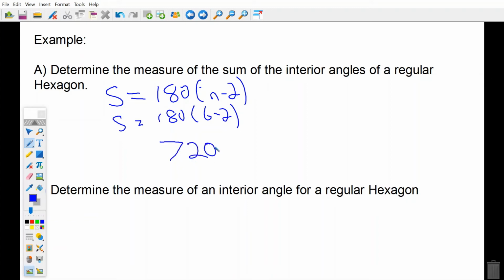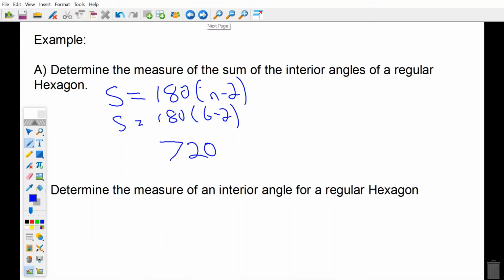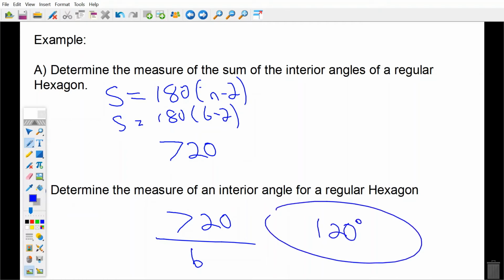So the sum of a hexagon is 720. And then to find the measure of one of the angles, we take that 720 divided by the number of sides, which is 6 sides. So the measure of each angle is 120 degrees in a regular hexagon. So you find the sum and then divide it by the number of sides, and that will tell you the measure of one angle.